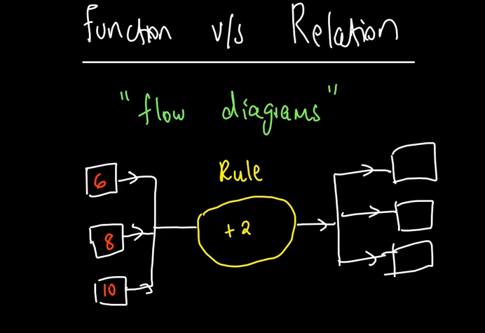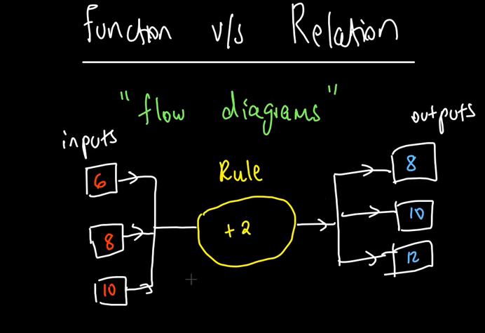So the answers you would get are 8, then 10, and then 12. These used to be called the inputs, and the ones on the outside would be the outputs. So this flow diagram tells you that what you input into the rule yields the result as the output.